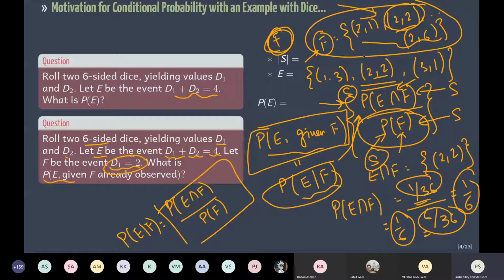We could have done it directly with E intersection F divided by F. But here, what I have defined uses probability as well. Because the sample space is the same for both, it gets cancelled out.